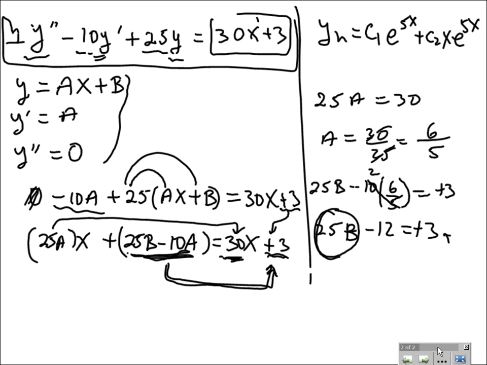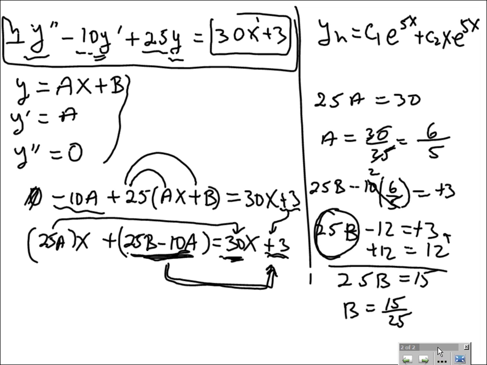That is, this must be 15. If you add 12 to both sides, you'll get the same. So b must be 15 over 25, and 5 goes into each of those numbers, the top 3 times and the bottom 5 times. So b is 3/5.